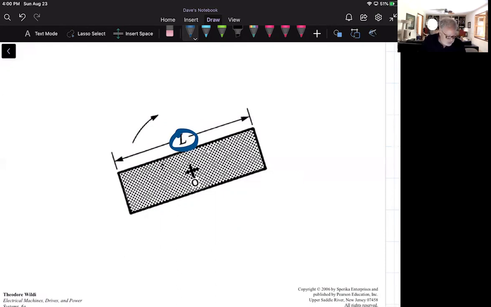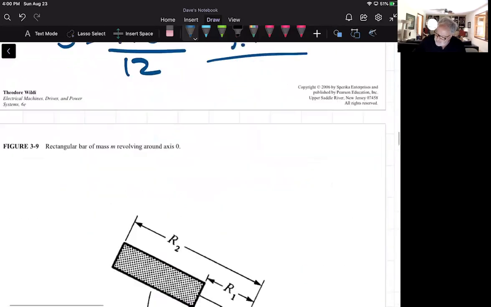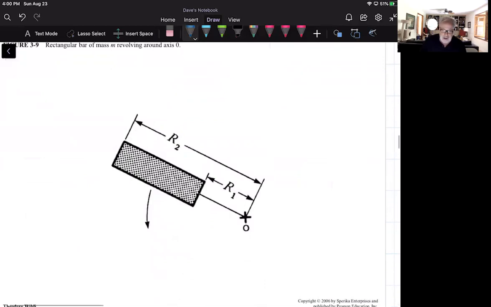If I have a situation such as this, that J number is equal to this. Each one of these is given an equation number. I haven't been numbering, but this is 3.12. We started with 3.9.